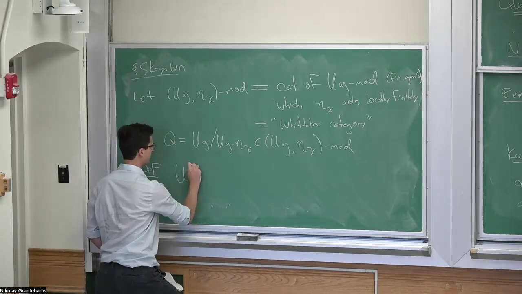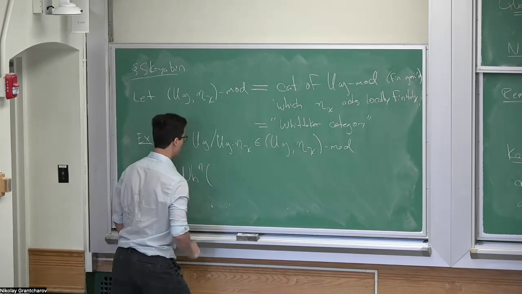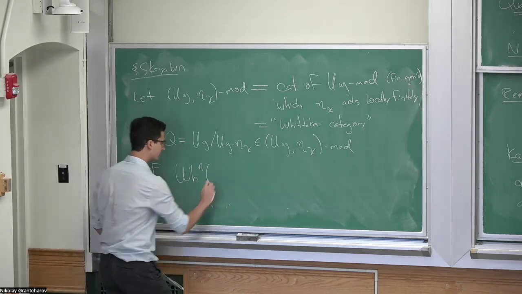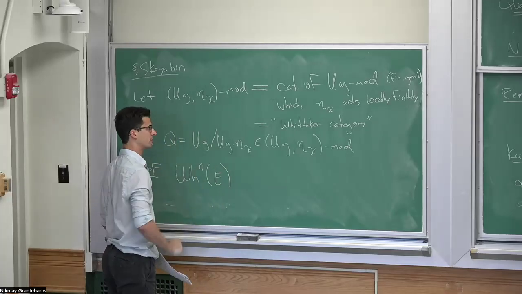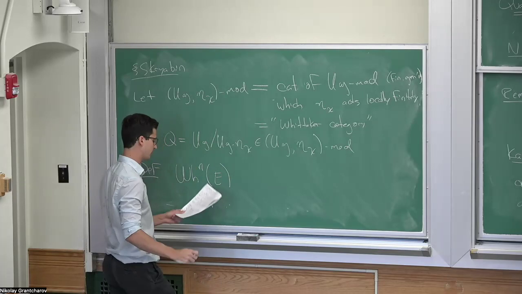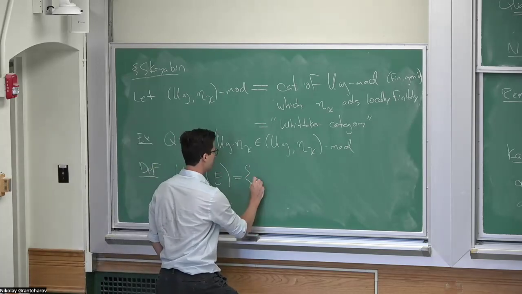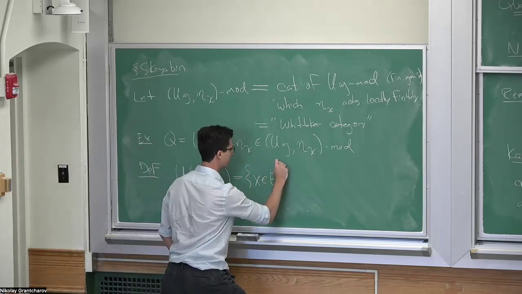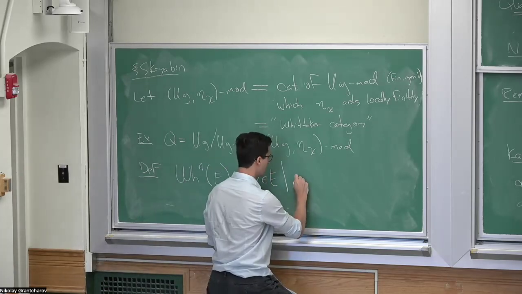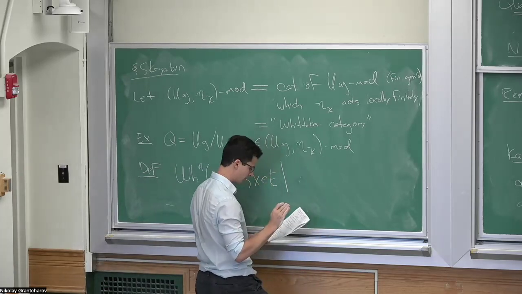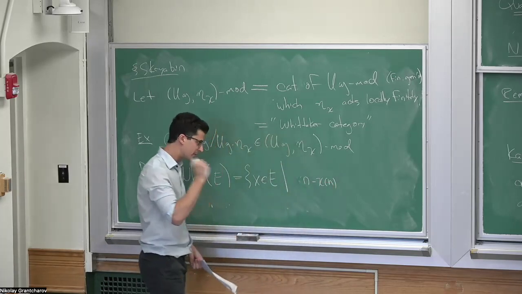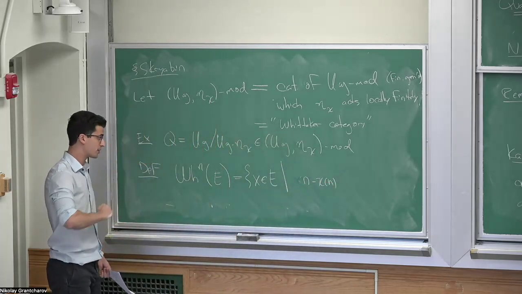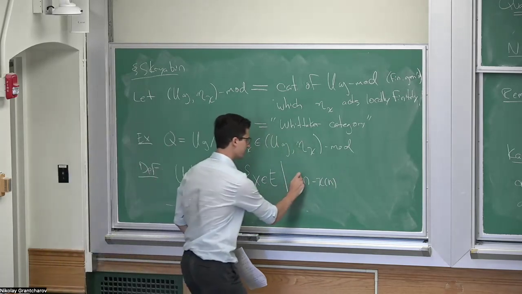So we define this Whittaker functor on the category of U(g) modules for which n chi acts locally finitely, just given by taking invariants. But I'll switch: we always look at the chi-twisted action.